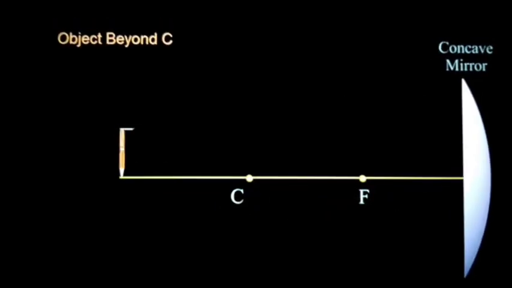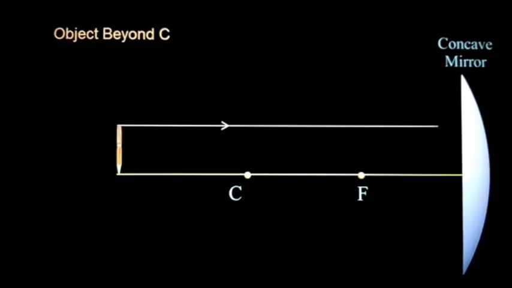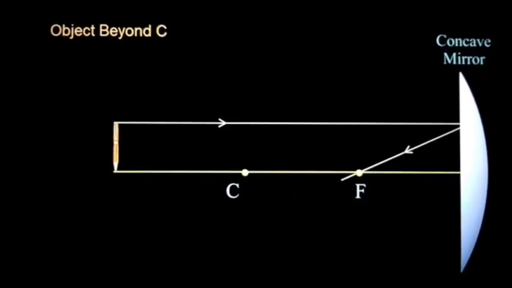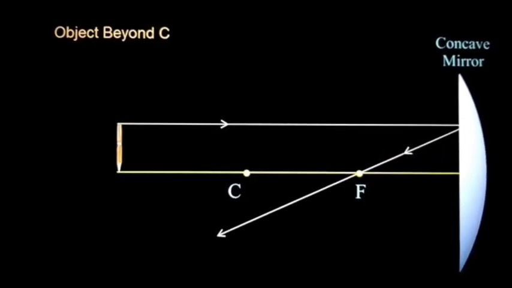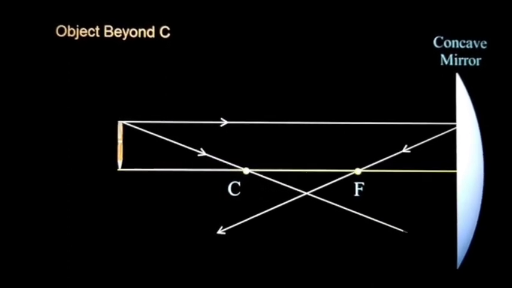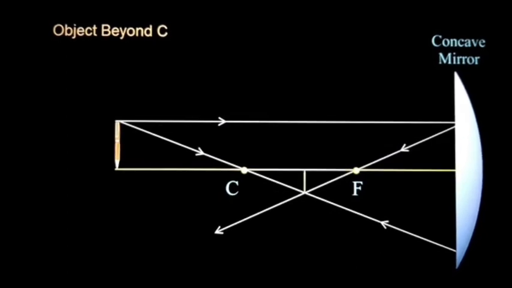Now the object is kept beyond C. Then we get the image between C and F. The type of the image is real, inverted and small size.